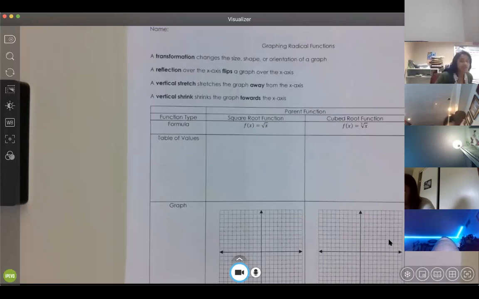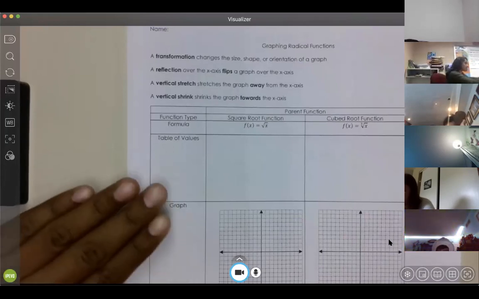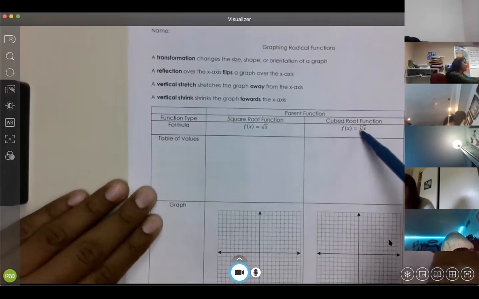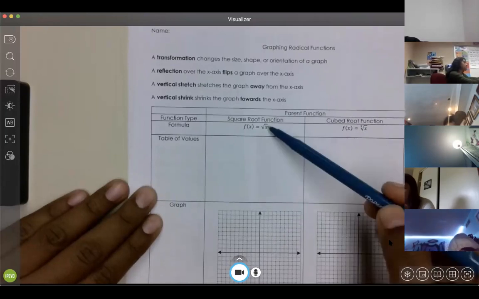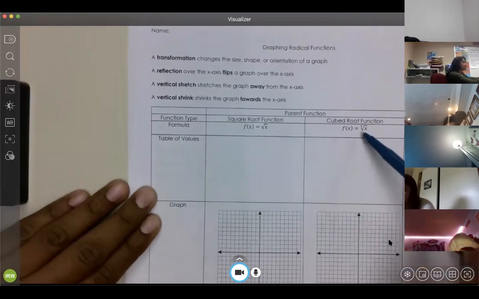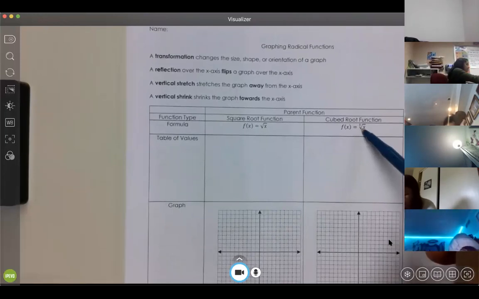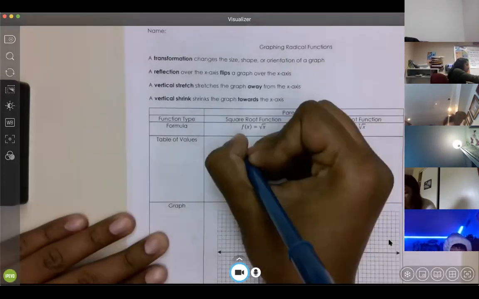All right, we're going to do a quick review of what we did on Friday. So remember on Friday we talked about the square root function and the cubed root function. The square root function has an index of 2. The cubed root function has an index of 3, excuse me. And then remember we came up with a table of values for the square root function.